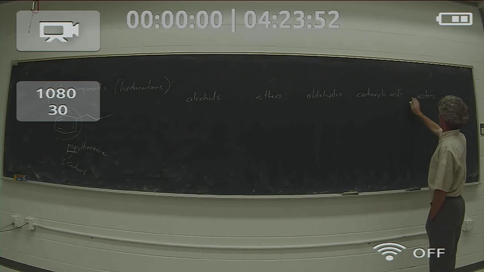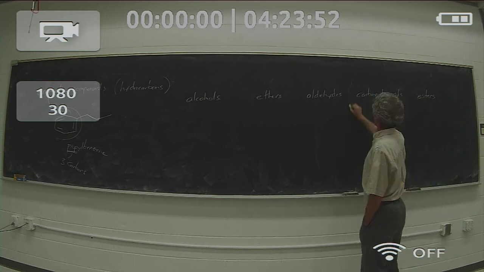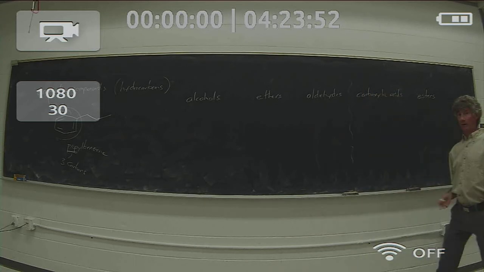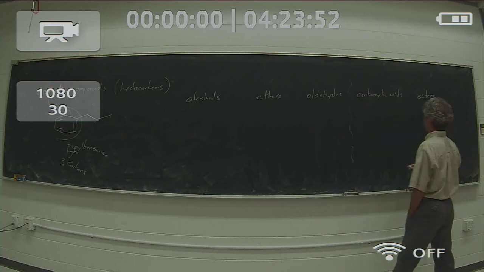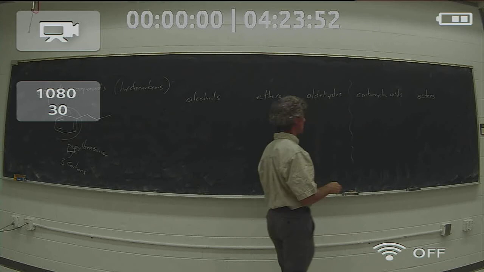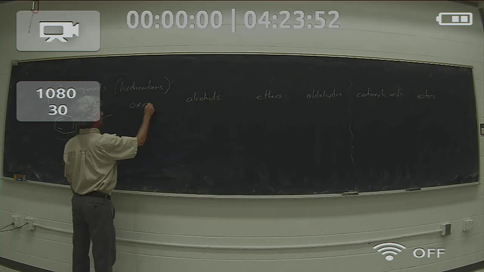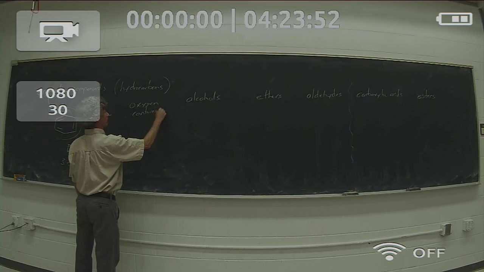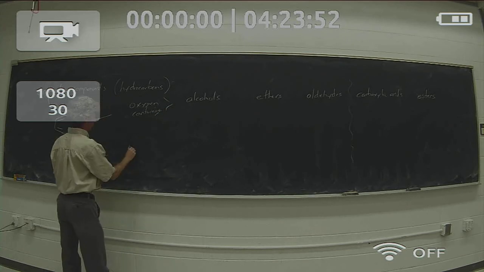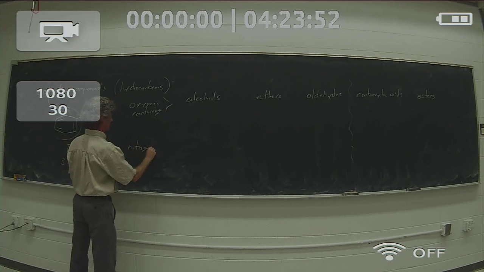Esters are a derivative of carboxylic acid, and there are other derivatives of carboxylic acids that have nitrogen as well. So oxygen containing functional groups. And then there are also nitrogen containing functional groups.